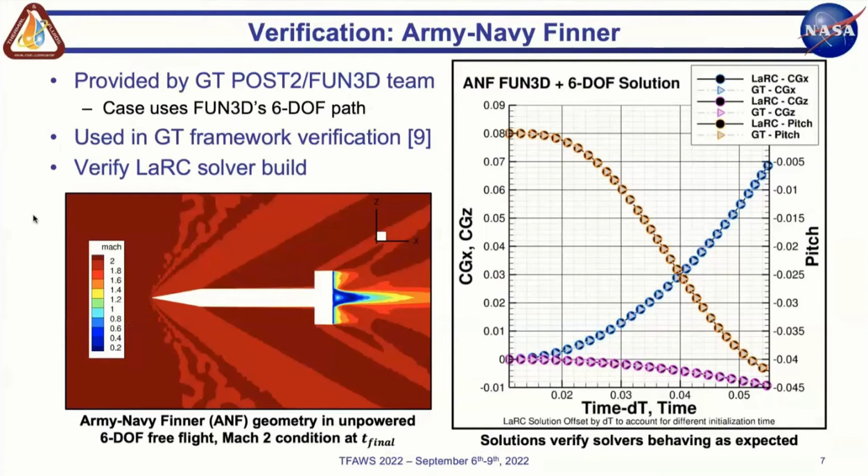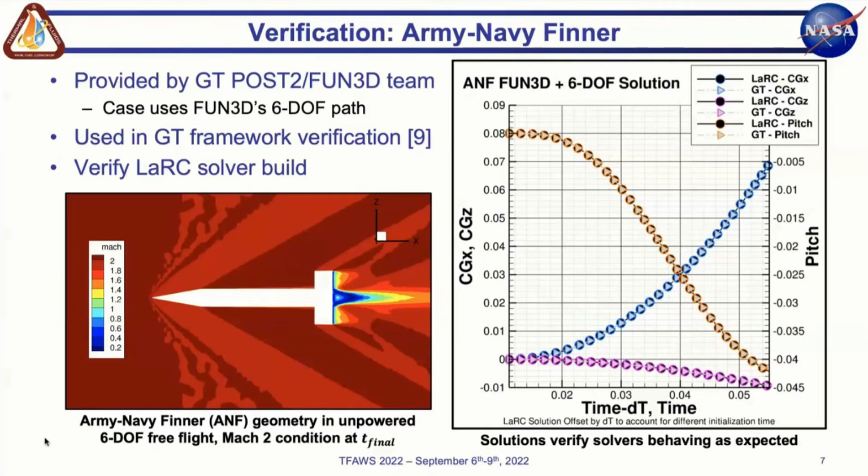From there, I was able to move on to running the Army-Navy spinner. The inner geometry in this test case was provided by the Georgia Tech POST2 Fun3D team. And so this case uses the built-in Fun3D 6DOF, both on our side and the Georgia Tech side.